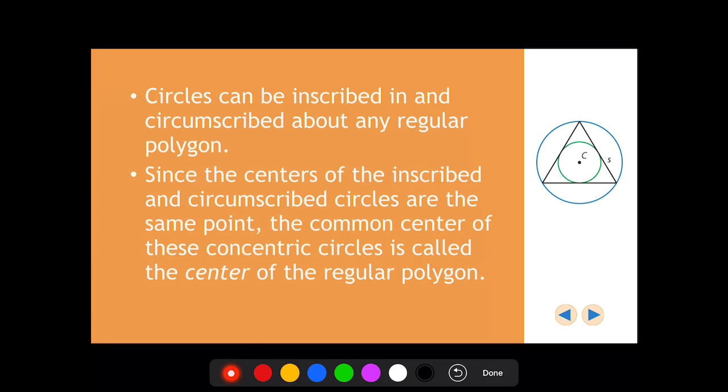So that dot that we see right here, point C, is called the center of the polygon, which in this case is the triangle, and the center of the two circles. Concentric means they both have the same center. If you think of a bullseye, how it has multiple circles and one center point, that's an example of concentric circles.